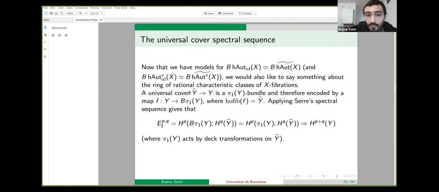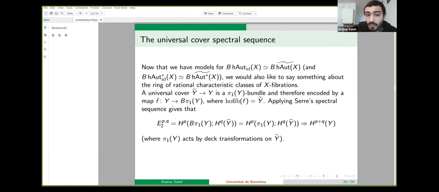So we have a model for the universal cover. Given a universal cover, it is a pi1-Y bundle, so it is encoded by a map from Y to the classifying space of the fundamental group of Y, and the homotopy fiber will be the universal cover. Now applying Serre's spectral sequence to this homotopy fibration, we get the following.